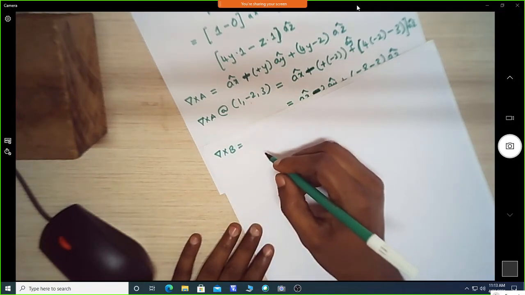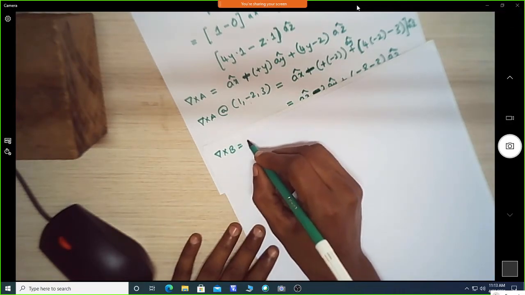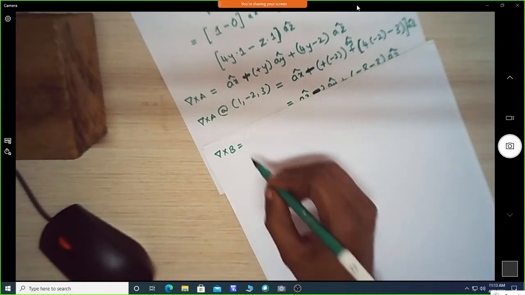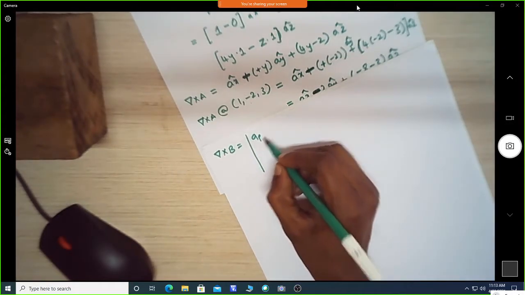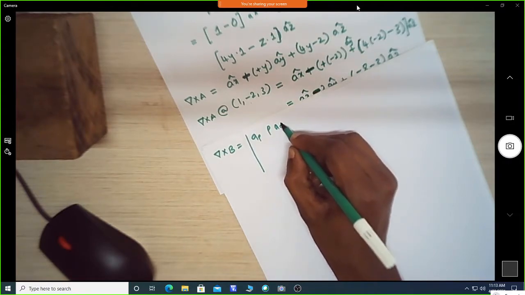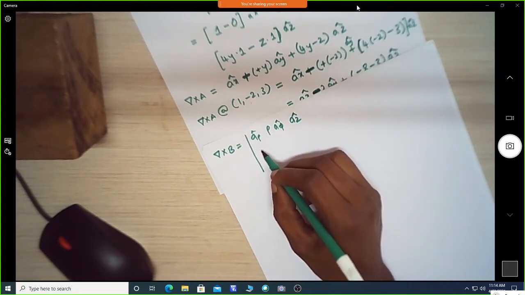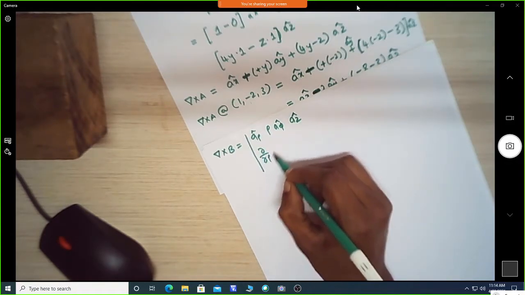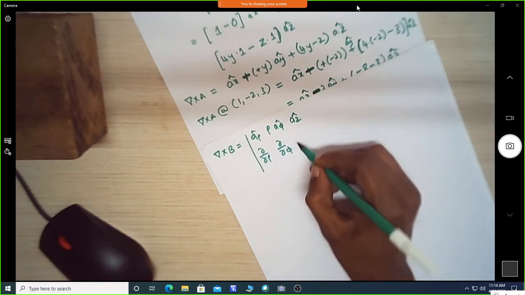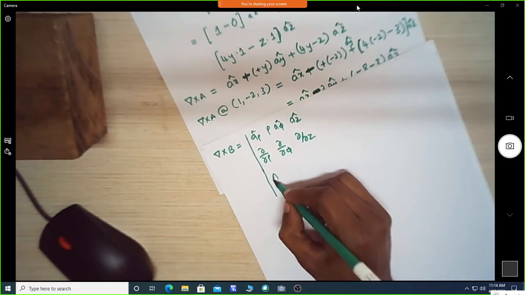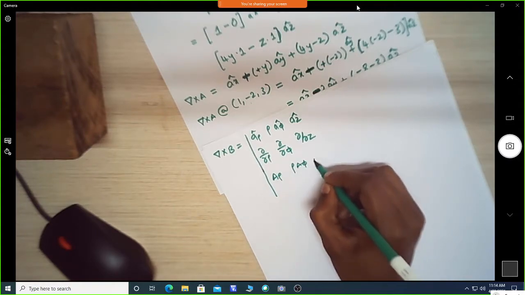You can write it as 1 by rho times a determinant with a rho, rho a phi, and az in the first row, del by del rho, del by del phi, del by del z in the second row, and the components in the third.